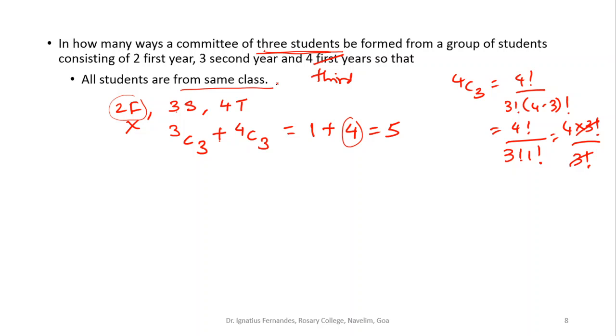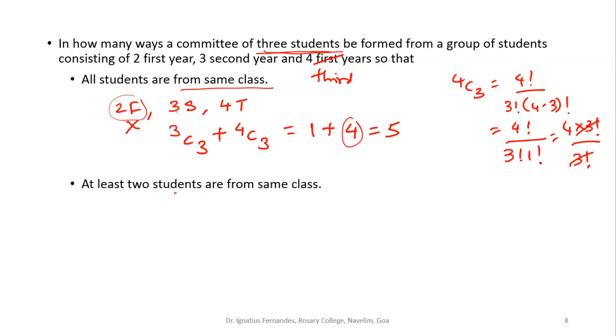The same way, another question is how many ways I can form this committee so that at least 2 students are from the same class. Now when you say at least 2 students, it means a minimum of 2 students should be from the same class. So either 2 students can be from the same class or all 3 can be from the same class. So this particular case is the sum of the previous 2 cases.